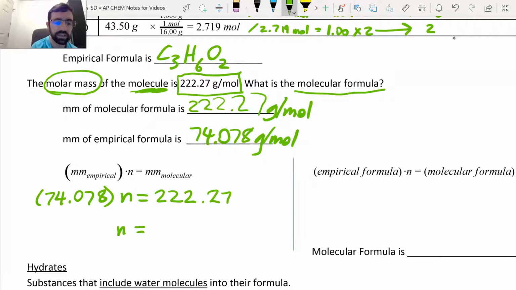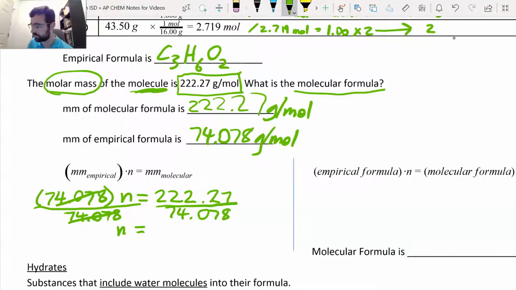So N equals, and we're going to just divide both sides by 74.078. It cancels that out. So we have 222.27 divided by 74.078. We get 3.